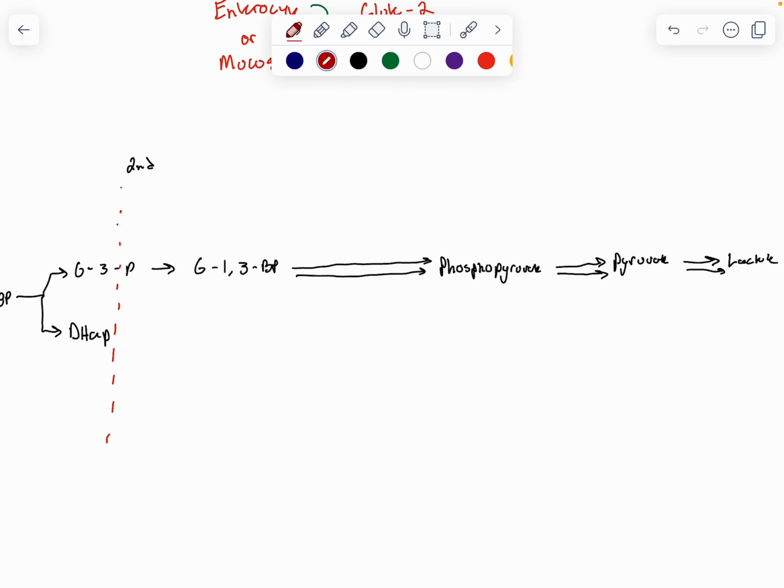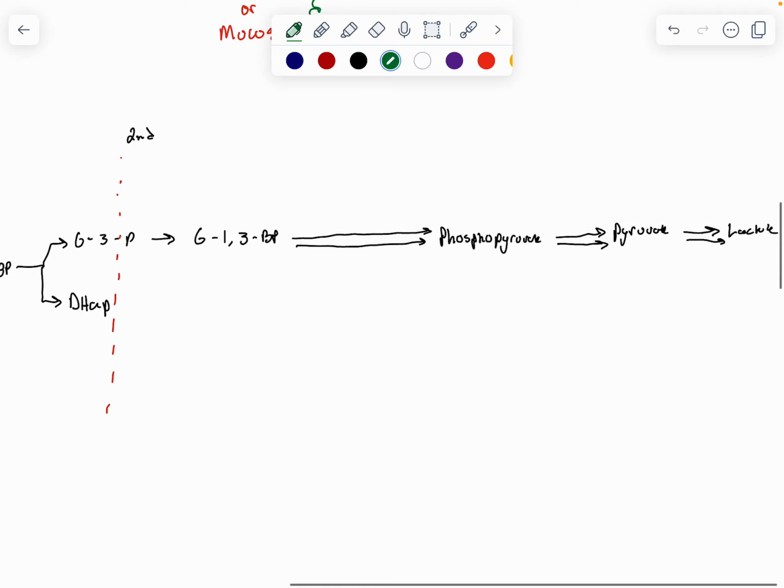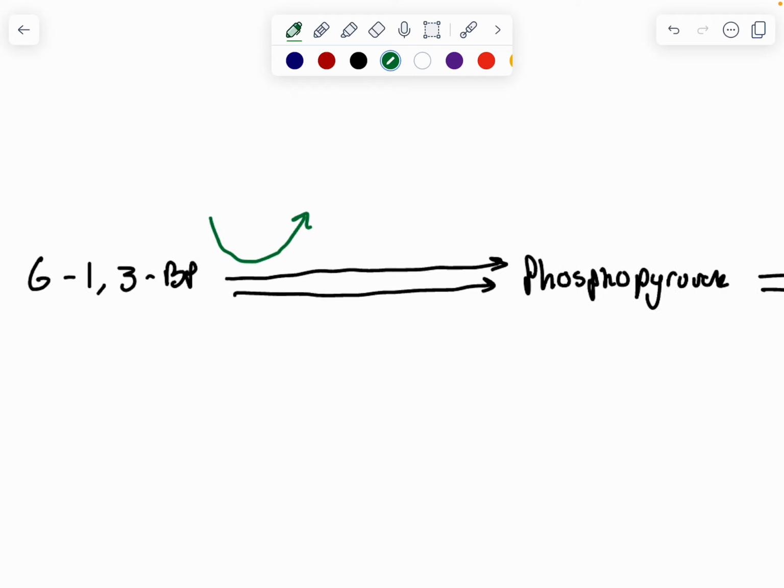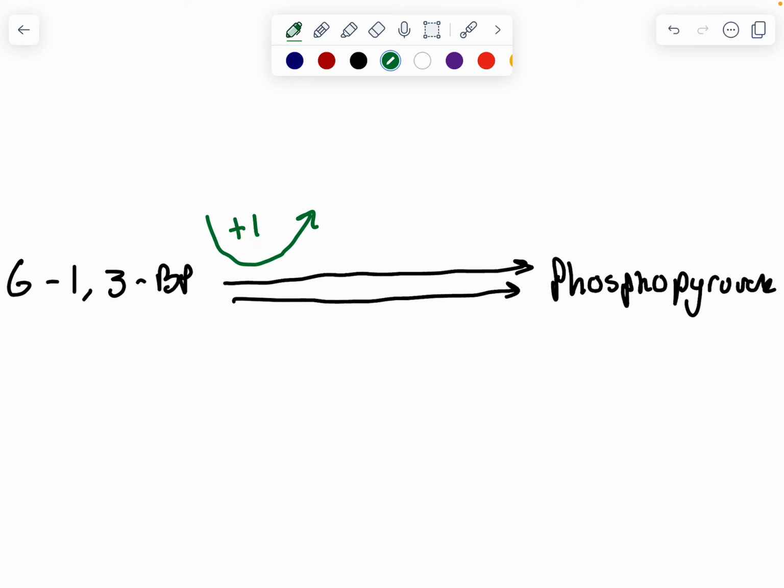I'll keep it simple to keep this video from getting too long, but between phosphopyruvate and G13P, we go through a ton of different conversions. What we need to know is that after glyceraldehyde 1,3 biphosphate, we generate 1 ATP here.